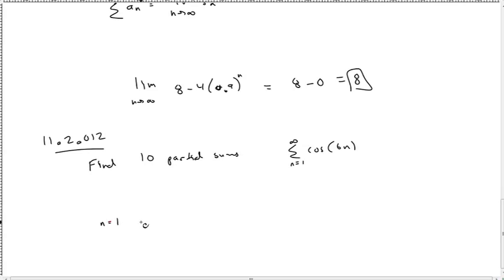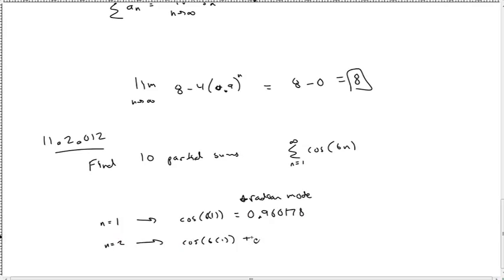All they're really wanting is to plug in n equals 1, and so then it's cosine of 6 times 1, in radian mode. I'm going to remind you, this is radian mode. Do I have that on my notes? Yep. It is 0.960178. Awesome. N equals 2 is going to be this previous result, so cosine of 6, and then I'm going to add cosine of 12. So previous plus the next one, you add them up.